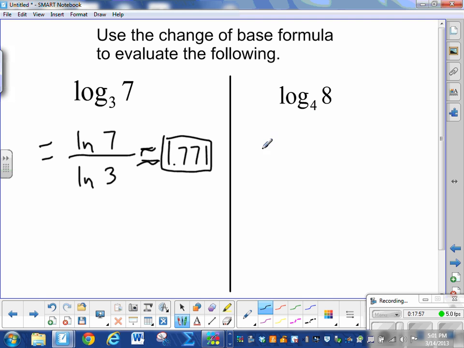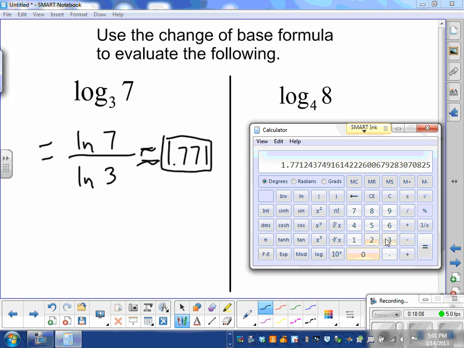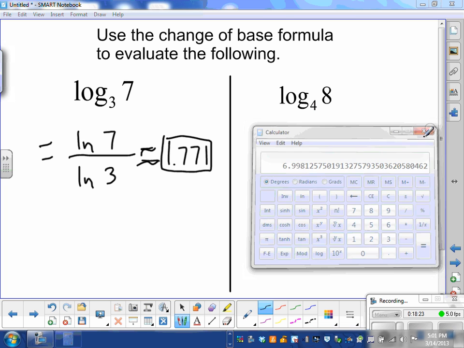That's how you use that. Same thing here: 3 to this power should give you a 7, so let's check that too. 3 to the 1.771 should equal just about 7, 6.998. So we know we did it right.